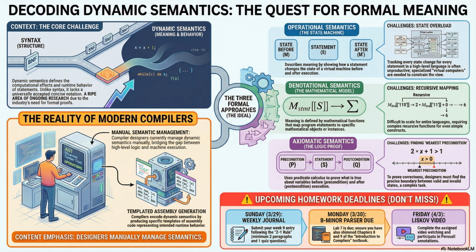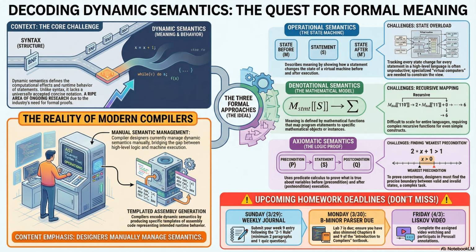But doing it manually introduces a terrifying amount of risk, doesn't it? Oh, massive risk. If a compiler developer makes a tiny logical error in translating a high-level concept into assembly instructions, that flaw gets baked into literally every single piece of software compiled with that tool.